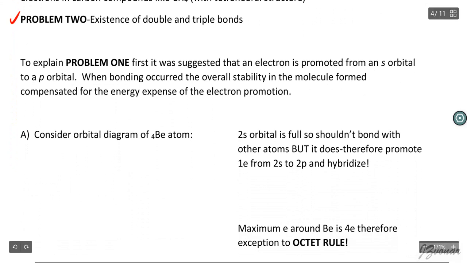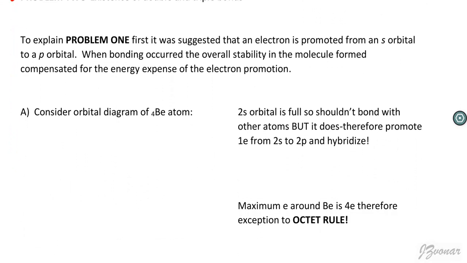So let's take a look at the atoms that tend to be exceptions to the octet rule. One of the problems is nicely illustrated with beryllium. If we consider its orbital diagram, it has 4 electrons, so I draw 2 electrons in the 1s orbital, which is a good little bit of review.